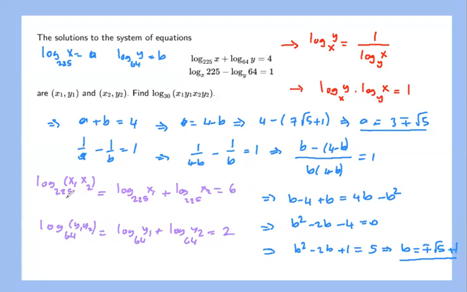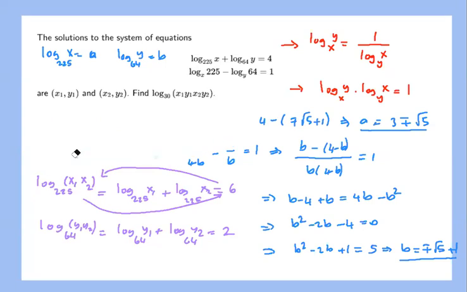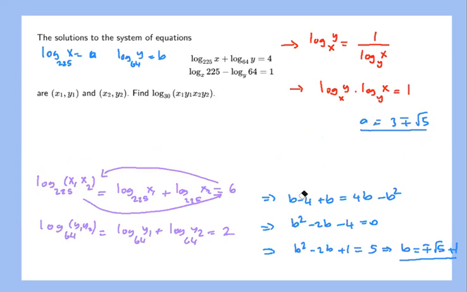That means if you take 225 to the 6th power, you will get the product of those two, x1 and x2. And the same thing with the second function. So let me clear this piece.